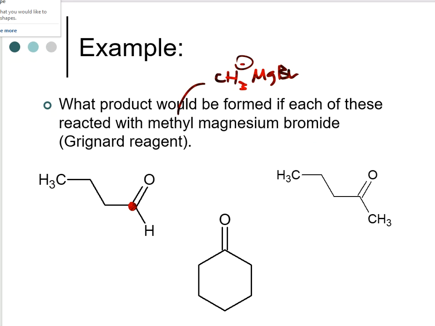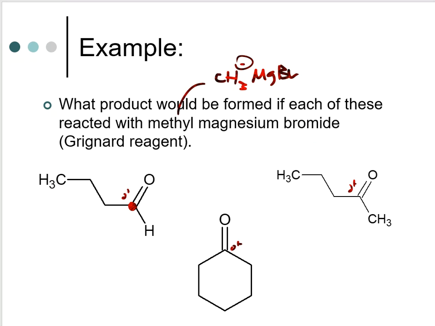The oxygen is going to be the electron sucker, and it's going to rip those electrons up, making this carbon a partial positive in each and every single case. That is why this mechanism works.